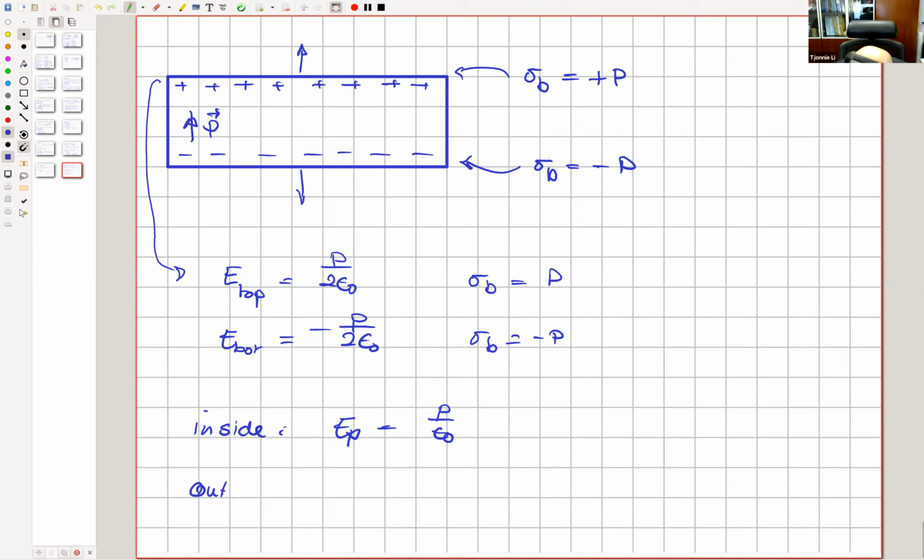On the outside, it's just 0. Okay. Now that is only the electric field due to the polarization.